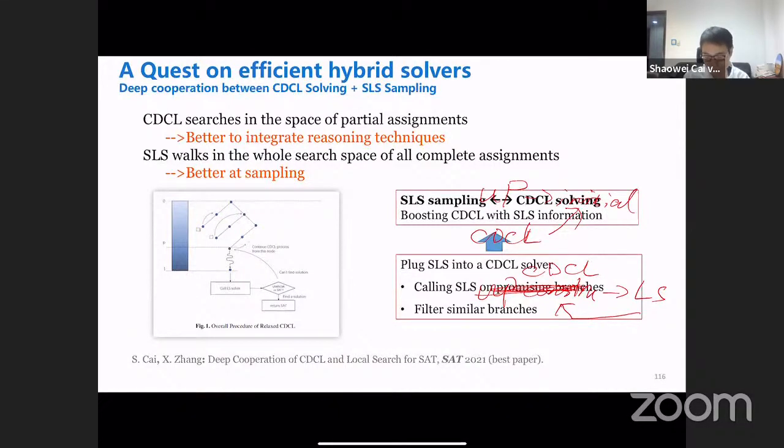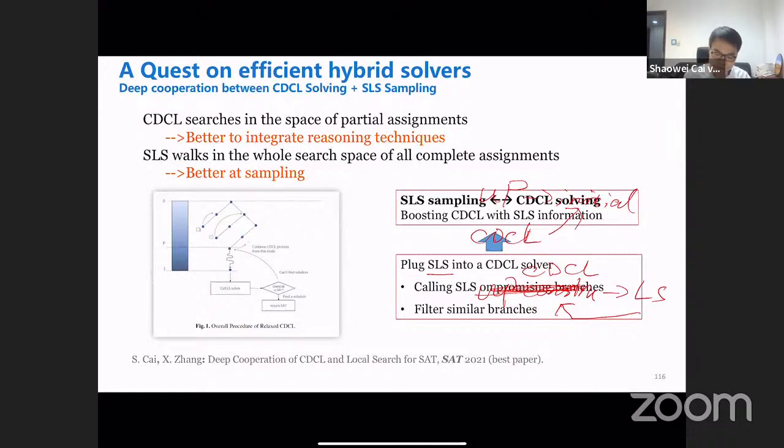And according to the above consideration, I propose this framework where we add a local search to a CDCL solver, and the CDCL solver produces a good initial assignment for local search, and then local search will search nearby.